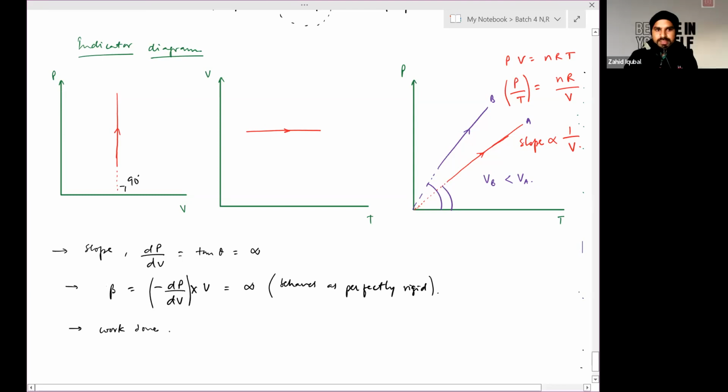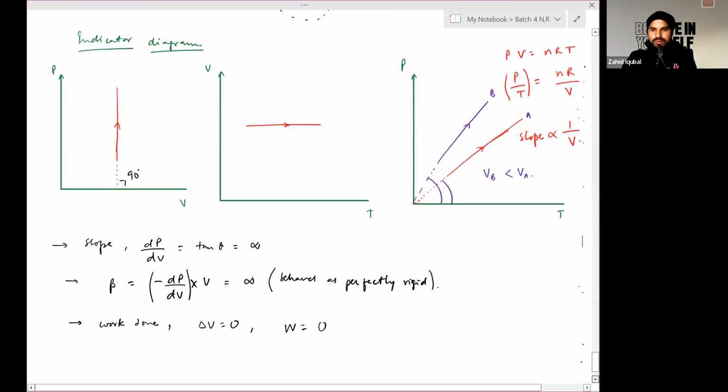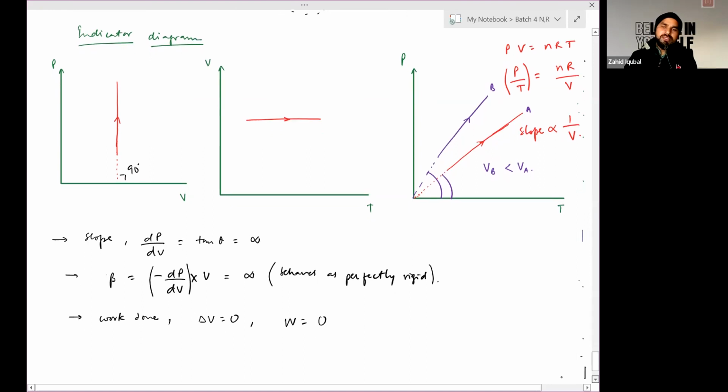Now, work done for this case: since there is no change in volume in this part, the change in volume is 0, so work done will be 0. So the total amount of heat supplied to the system must be utilized only in changing internal energy. Using the first law, dq equals du plus dw.